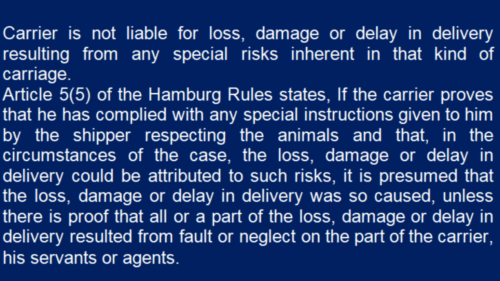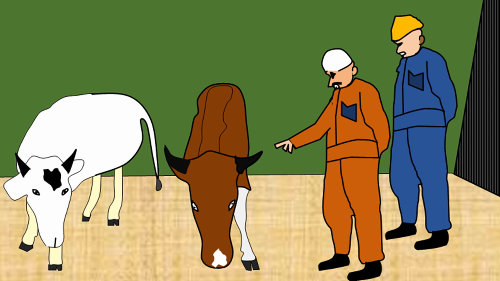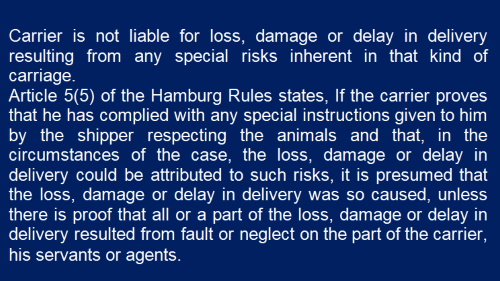Article 5, paragraph 5 of the Hamburg Rules states, if the carrier proves that he has complied with any special instructions given to him by the shipper respecting the animals, and that in the circumstances of the case, the loss, damage or delay in delivery could be attributed to such risk, it is presumed that the loss, damage or delay in delivery was so caused, unless there is proof that all or a part of the loss, damage or delay in delivery resulted from the fault or neglect on the part of the carrier, his servant or agent.